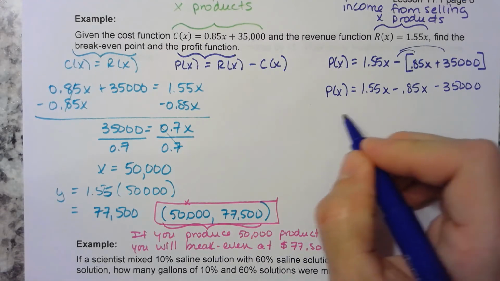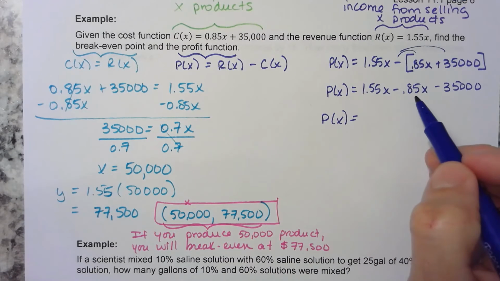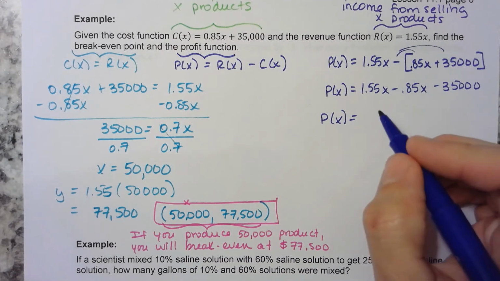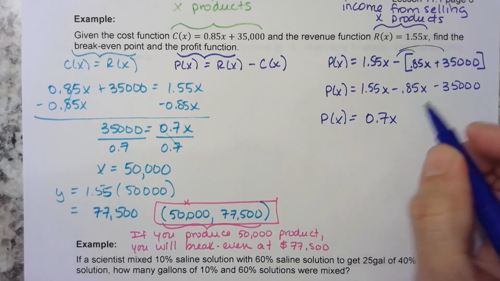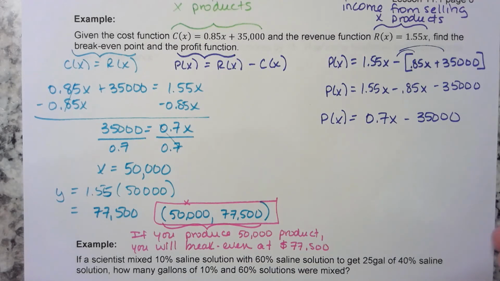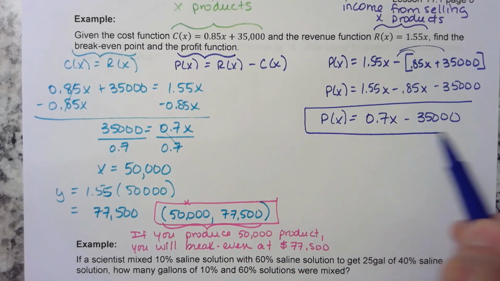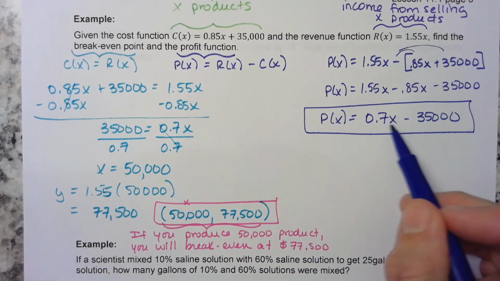So your profit function is going to be 1.55 minus 0.85, so 0.7x minus 35,000. This is how much profit your company would make if you produced X number of products.